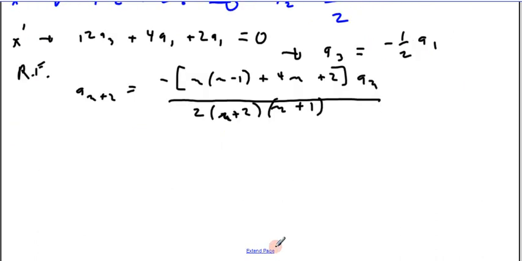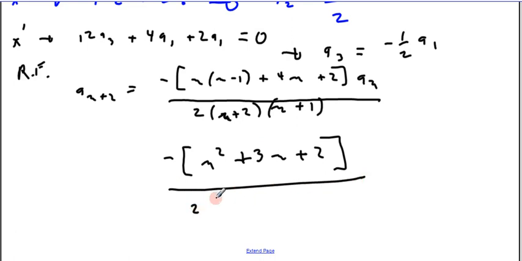Isn't that nice? So there's an n squared, there's a minus n, so I've got minus n squared plus 3n plus 2, divided by 2(n plus 2)(n plus 1).